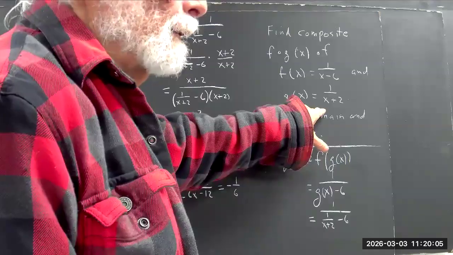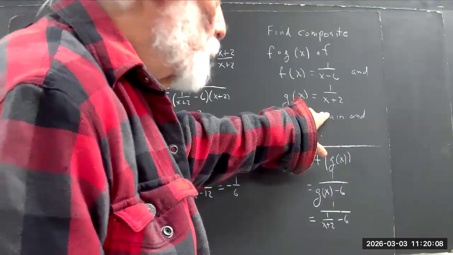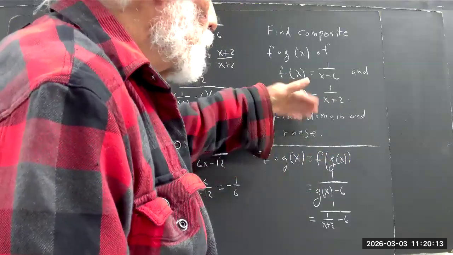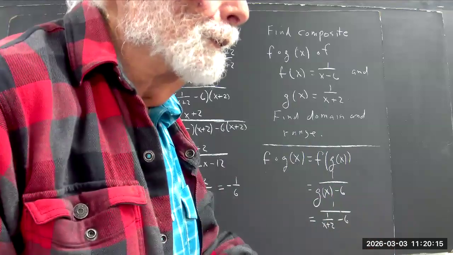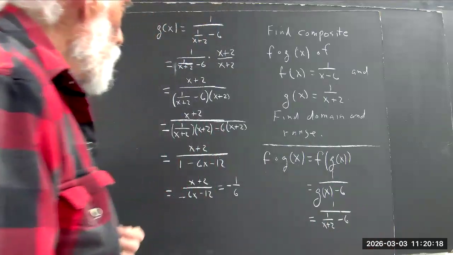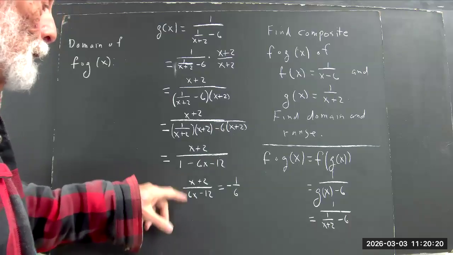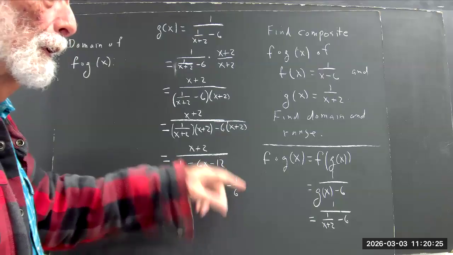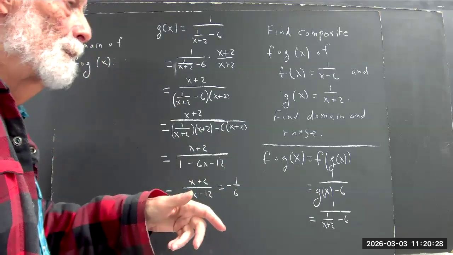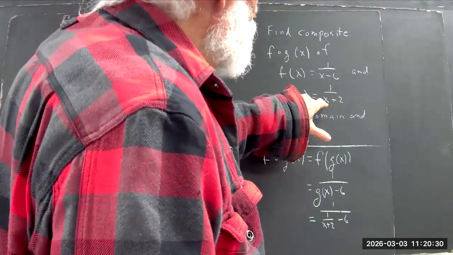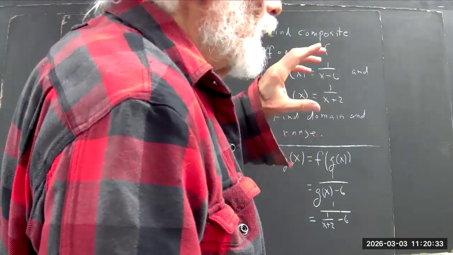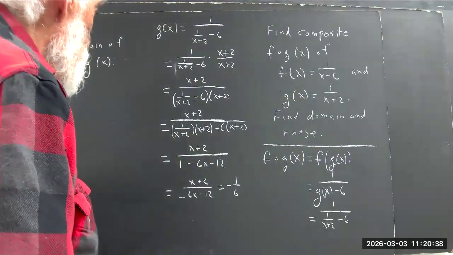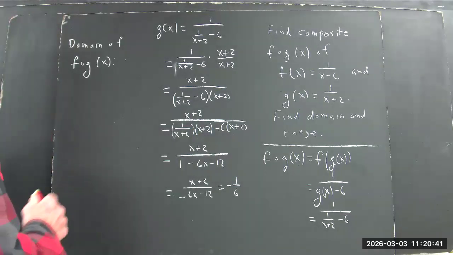What number can't you plug in to the g of x function? Well, you can't plug in negative 2. So you can't even start this thing if I give you x equals negative 2. Even though negative 2 works just fine here or here, any number works fine for negative 1/6. However, since you can't even start if x equals negative 2, negative 2 is not part of the domain.